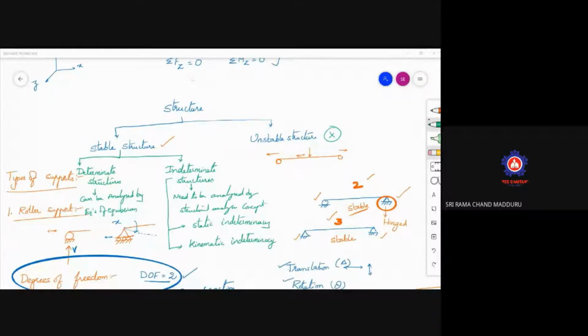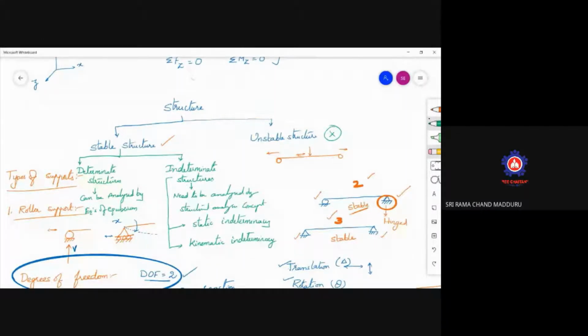So structures will once again be classified as static indeterminacy as well as kinematic indeterminacy. Okay. So we understand the classification of structures, and here we are coming across concepts of structure.